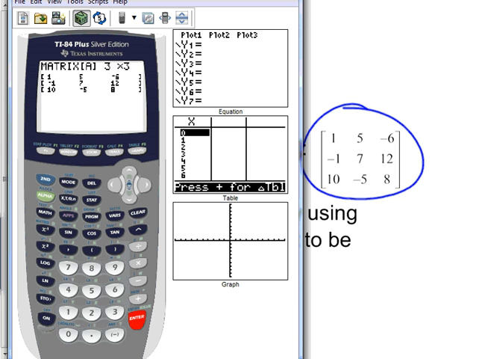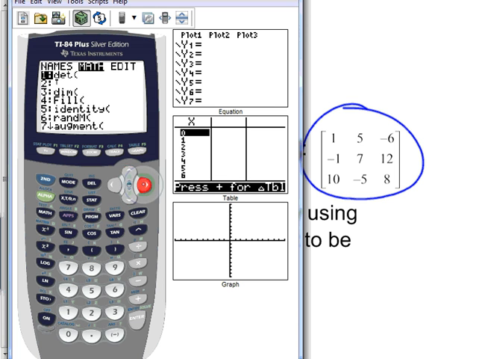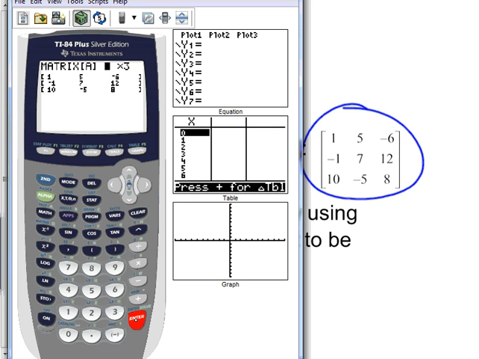Okay, does it say matrix A right after, or does it say matrix C? It depends on which one you're in. Let me show you. If I'm back here, look at my screen for a second. If I was down here on C, when I went to edit, it would edit C. So you got to be at A and then go to edit matrix A.